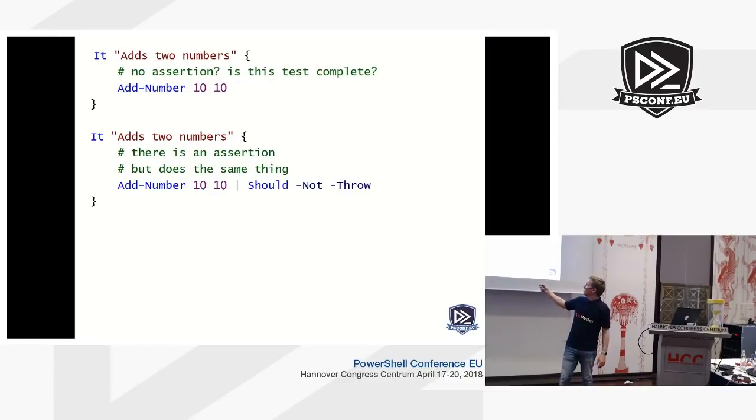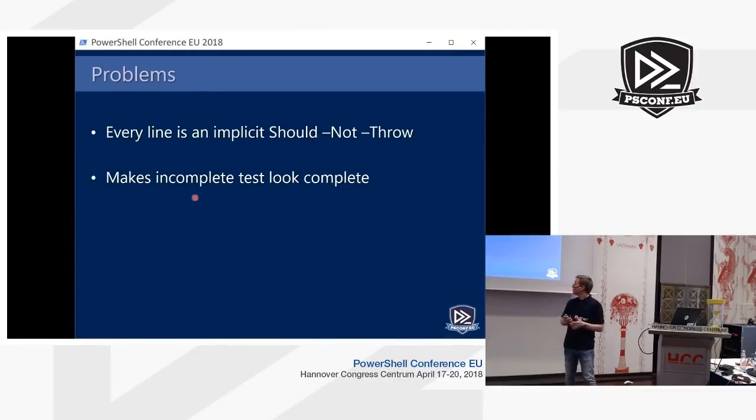And the problem here is that this second test looks very complete. It has an assertion, it does something, must be complete. Well, no, it's totally the same as the previous one, because in both cases we just tested that the code executes correctly, but not that it produces the correct value.